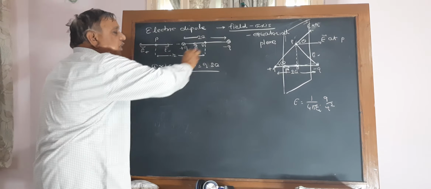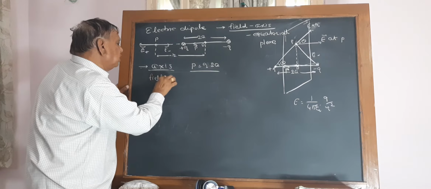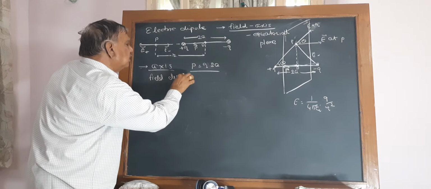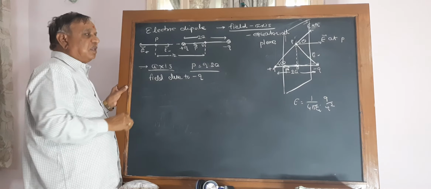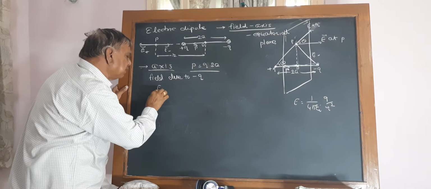Suppose the field due to minus q at the point P is denoted by E minus.